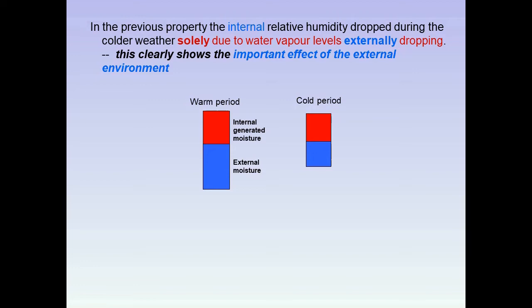In a warm period, we've got internally generated water and externally generated moisture. That is the total moisture. Add those two together. Whereas in a cold period, we actually lose a proportion of the external moisture. There's less moisture in the atmosphere when it's cold than when it's warm, and thus for a constant temperature the relative humidity in the property would fall.